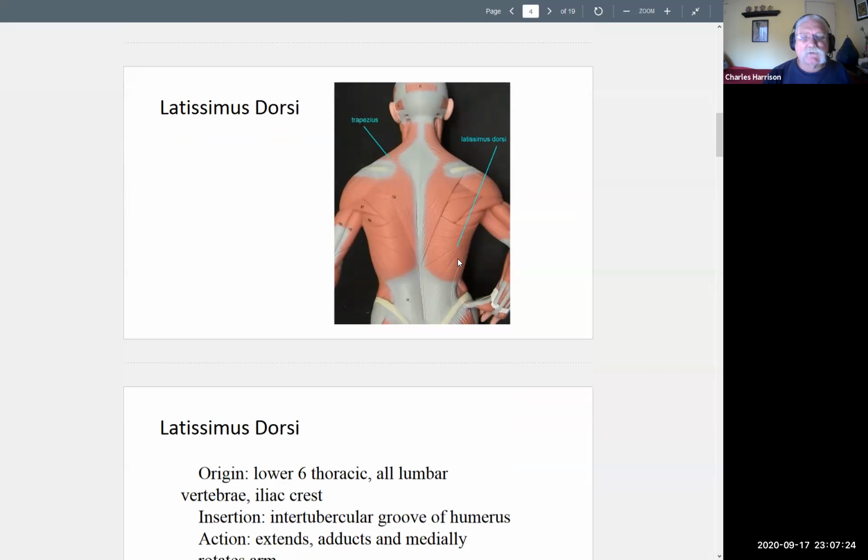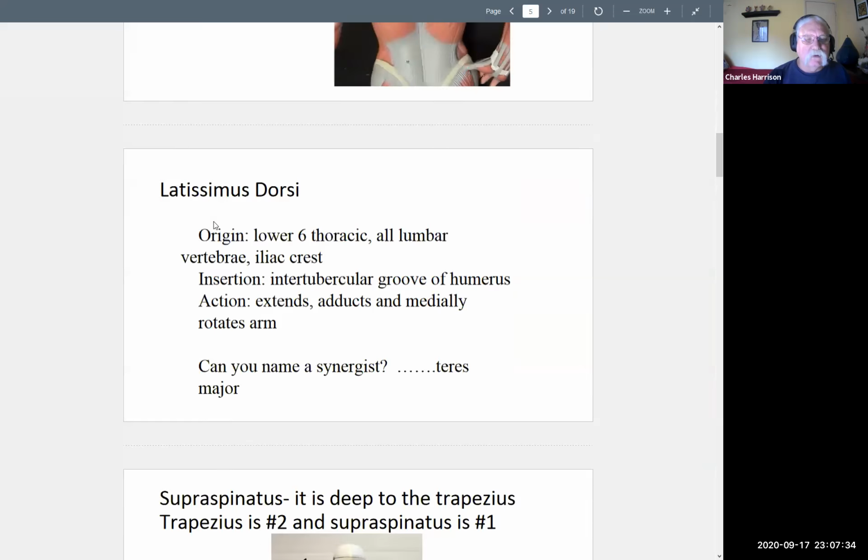The latissimus dorsi is located down here. It doesn't enlarge, so it's a little bit on the small side. And here are the origins, insertions. Now, when it asks you a question that you don't know the answer to yet, like, can you name a synergist, one that works with this?